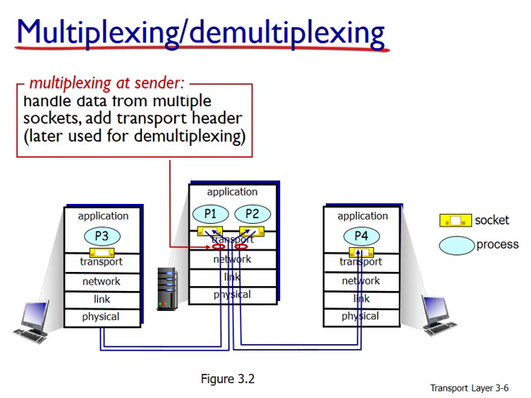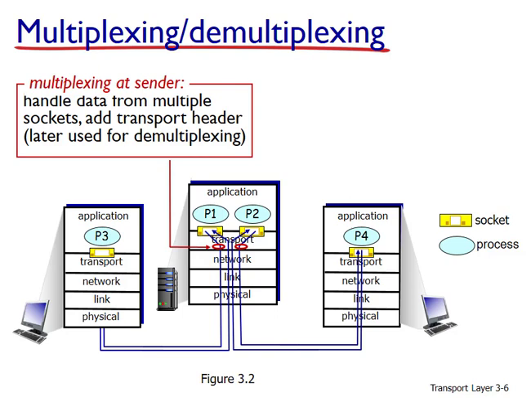Therefore, as shown in this figure 3.2, the transport layer in the receiving host does not actually deliver data directly to the process, but instead to an intermediate socket. Because at any given time there can be more than one socket in the receiving host, each socket has a unique identifier. The format of the identifier depends on whether the socket is a UDP or a TCP socket.